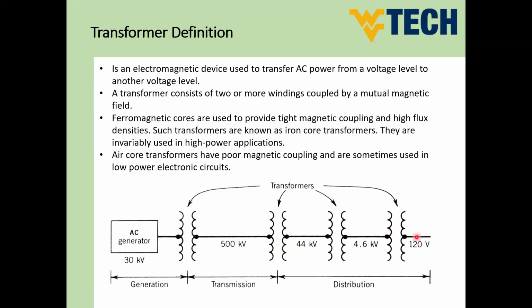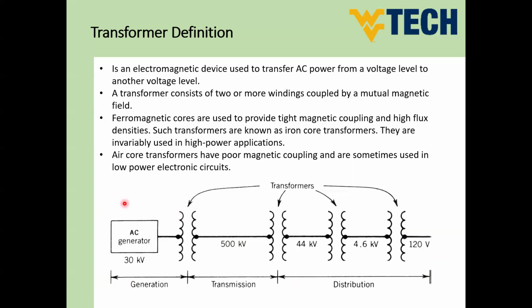Here, guys, we have an example of where we can use the power transformer in our electrical power network. Assume that you have this power network, 3 stages, as you can see. We have generation, transmission, and then distribution.